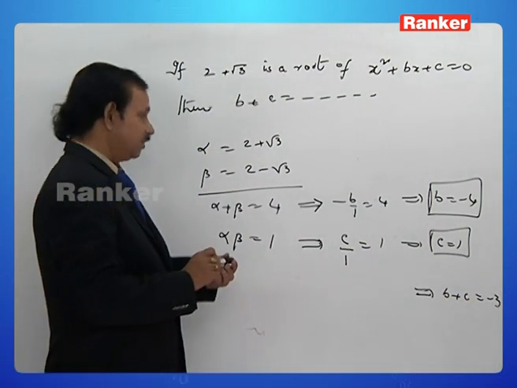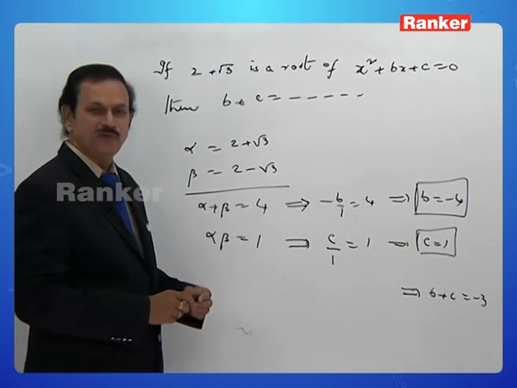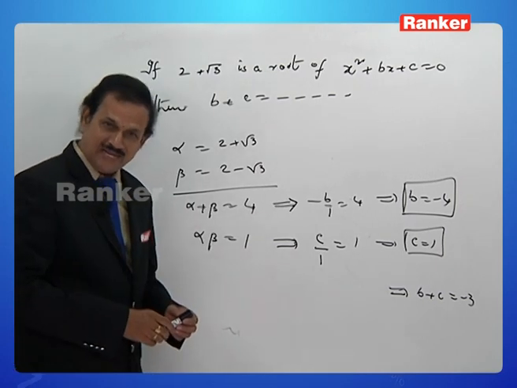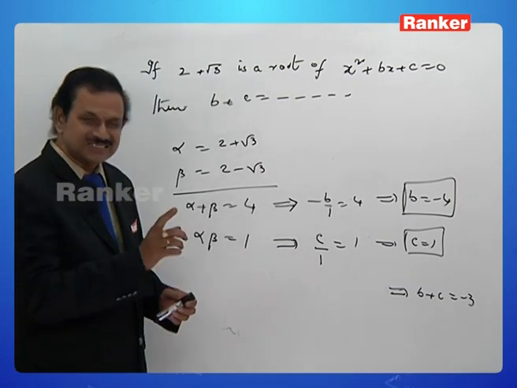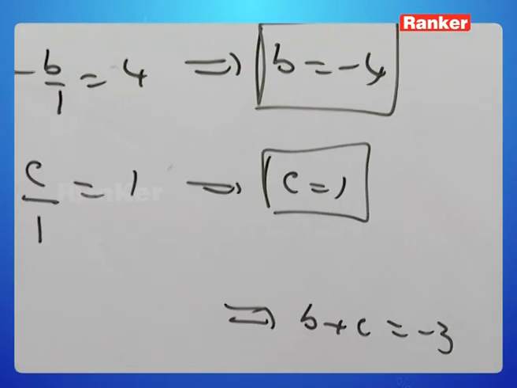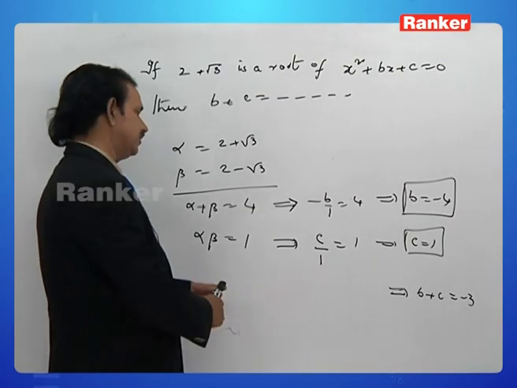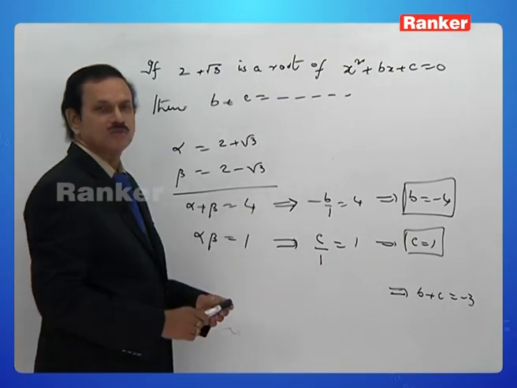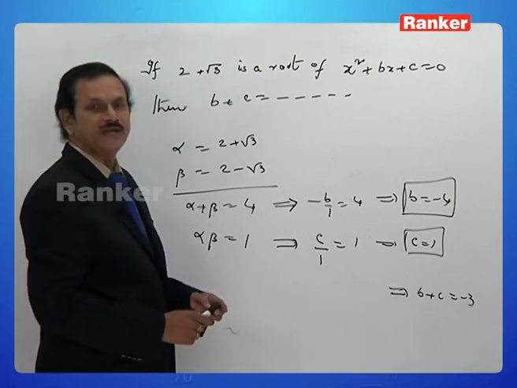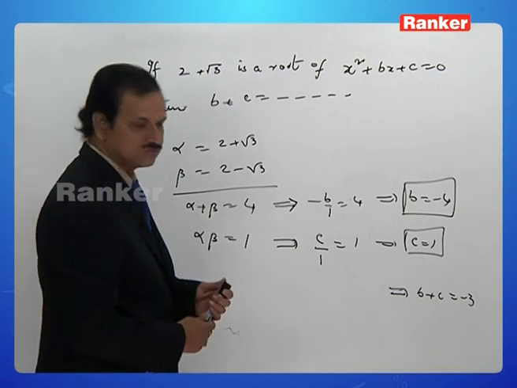We are able to get both b and c. b is minus 4, c is 1. Hence, what is b plus c? Minus 4 plus 1, that is minus 3. So, to answer this question, what piece of knowledge is being used here? 2 plus root 3 is a root implies 2 minus root 3 must also be the root. Thereby, adding them we get 4, multiplying we get 1, that is sum of the roots and product of the roots concept gives us b is equal to minus 4 and c is equal to 1, thereby b plus c is equal to minus 3.